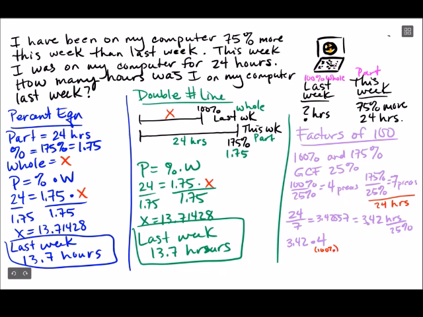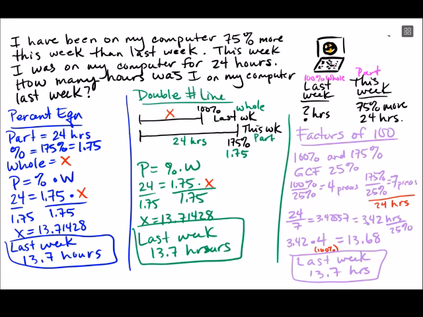There's 4 pieces in that. 3.42 times 4 is 13.68. And so that, once again, tells me that last week, which is my whole value, my 100% value there, I spent 13.7 hours on my computer.